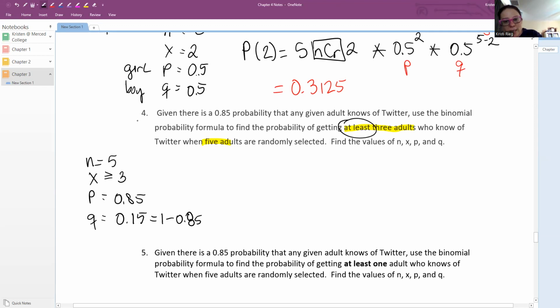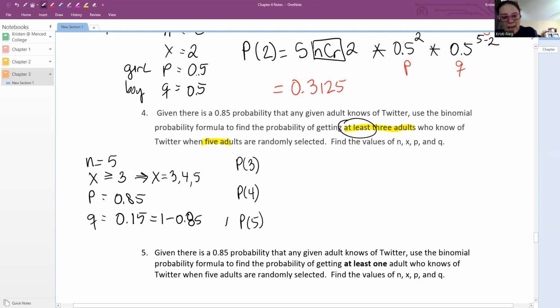So what that means in this example is that X equals either 3, 4, or 5. We have 3 different choices. That means we have 3 different problems. So we're going to do the probability of 3 and the probability of 4 and the probability of 5.